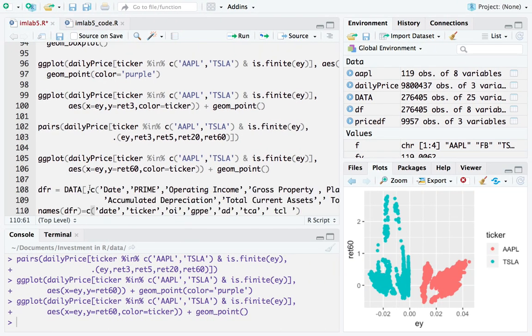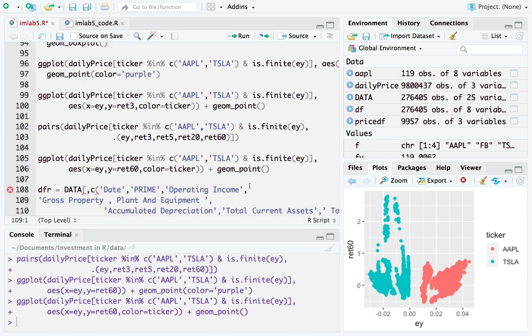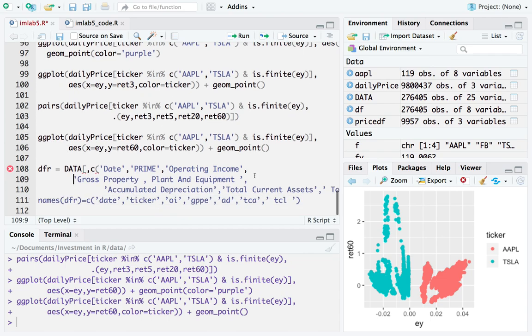I'll call this table DFR. And I have a slight problem where my quotes are all messed up, so I'm going to fix the quotes real quick. Fix that there.